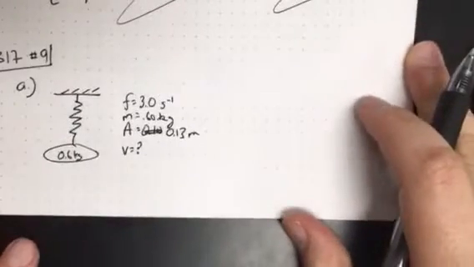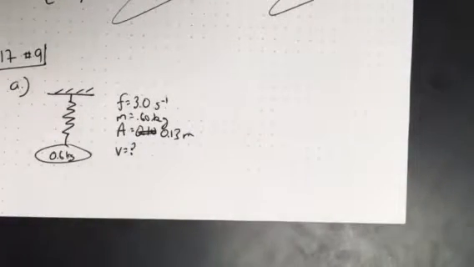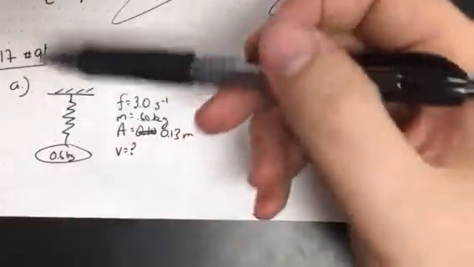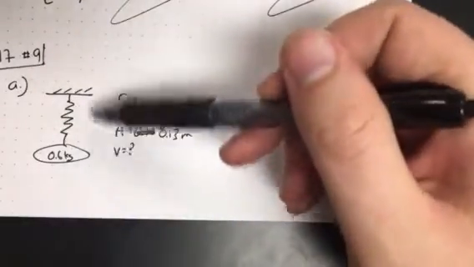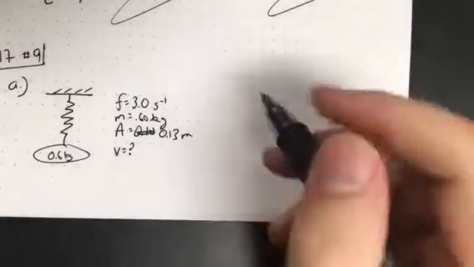Well, let's think about this. When the spring is squished, or at its maximum amplitude, what kind of energy does it have? It's going back and forth, but at either end, it's stationary for a split second. So at the beginning it's got no velocity, so it also has no kinetic energy.